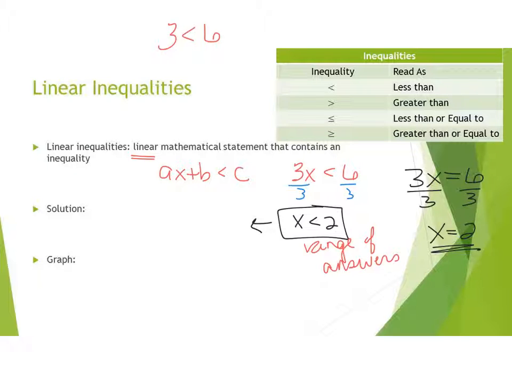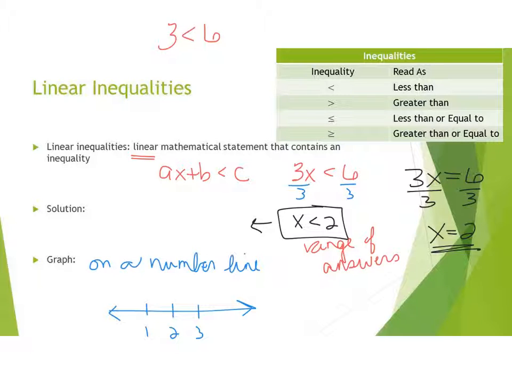Graphs for these, we're going to graph them on a number line. On our number line, remember we put arrows on the ends. So if I want to graph x is less than 2, I'm going to go 1, 2, 3, because that's my one number on either side.